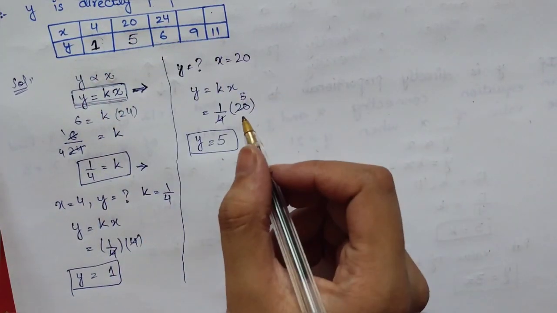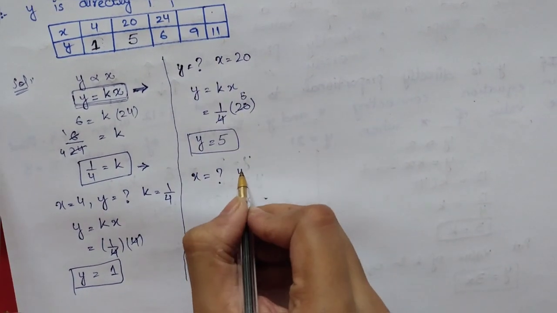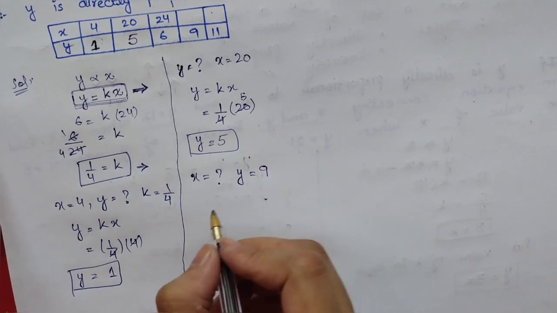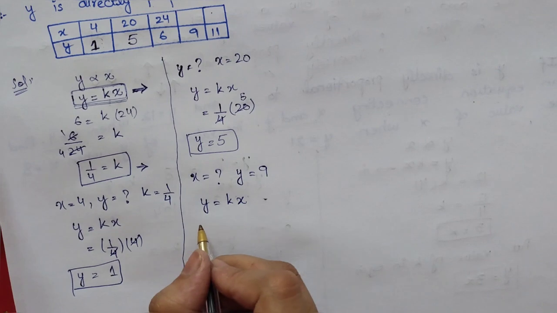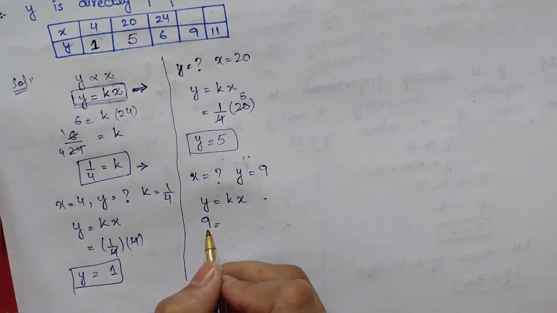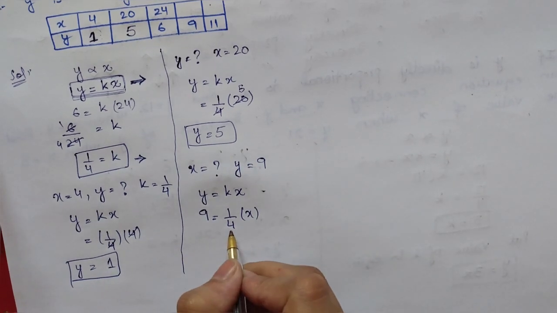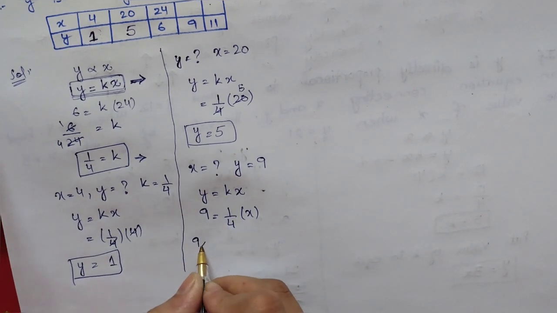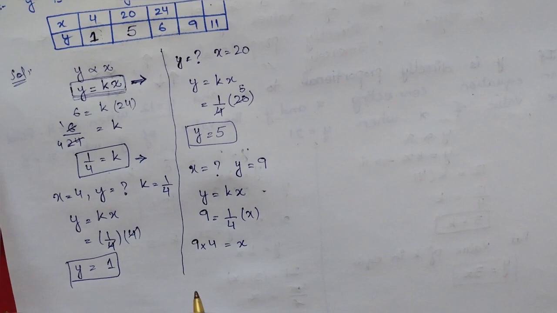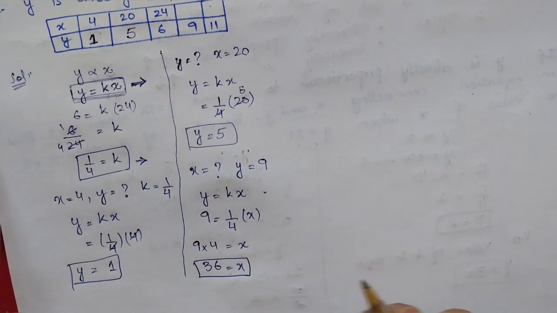Next, we have to find the value of x. X is unknown when y is equal to 9. Use the equation y is equal to k of x, where y is equal to 9, k is 1 over 4 and x is unknown. The 4 is dividing here. When it goes to the other side of the equation, it will be multiplied by 9. 9 4s are 36 is equal to x. This is your answer for the x.